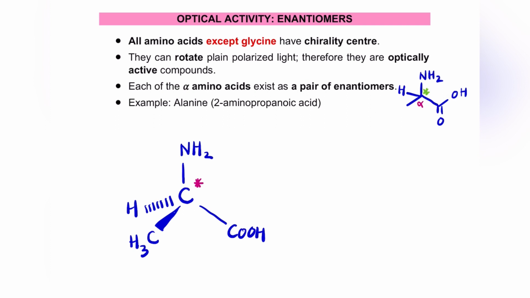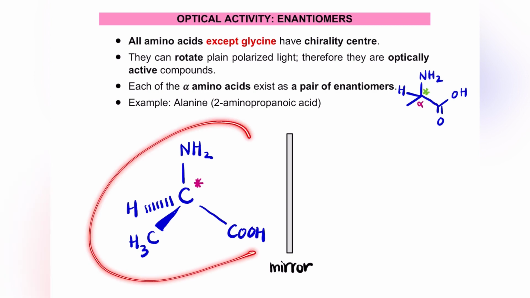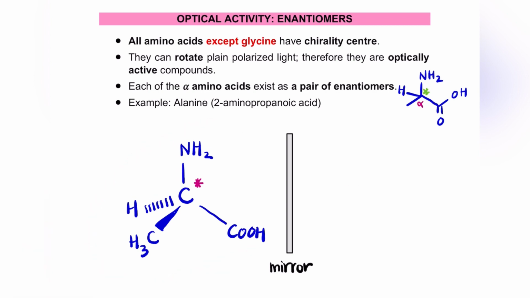I'm going to draw another structure at the right side by showing the mirror in the middle. So this is my mirror. And then we are going to show the reflection of this structure on this side. Let's start with the chiral carbon first, and then I have the asterisk here.